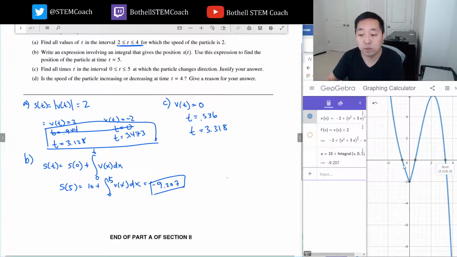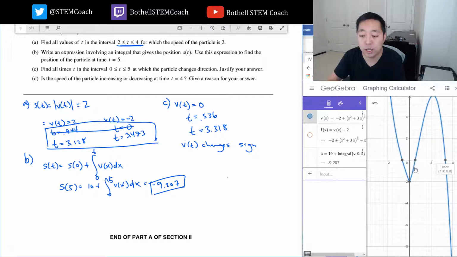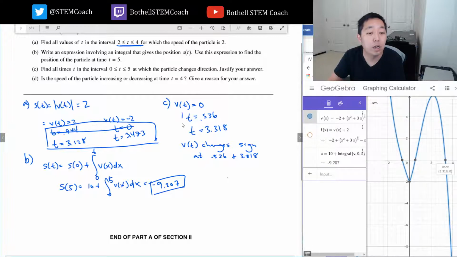And you can see by the graph that v of t changes signs at these 2 points, because it goes from negative velocity below the x-axis to positive velocity and vice versa. So it changes sign at 0.536 and 3.318. So these are the 2 times.